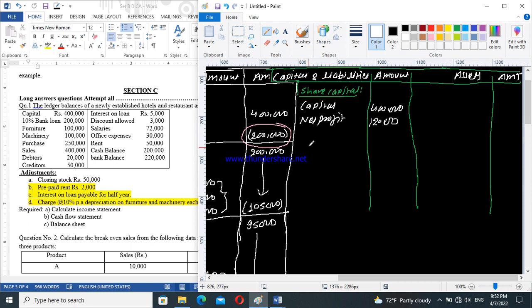And next, long-term liabilities. Long-term liabilities involve 10% bank loan, 10% bank loan we have 2 lakh, and current liabilities.